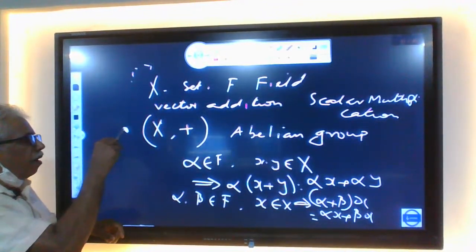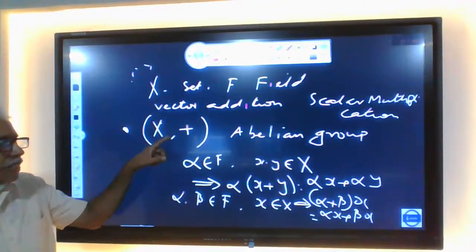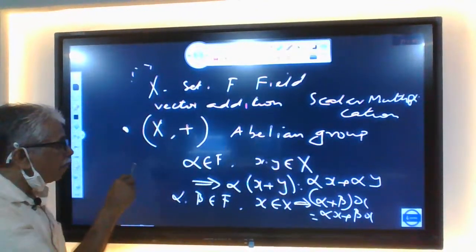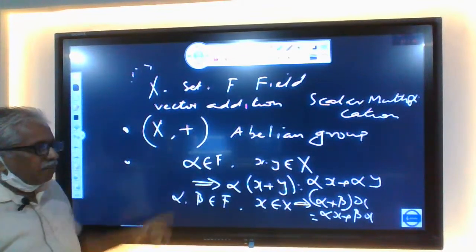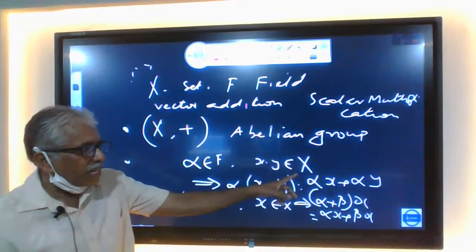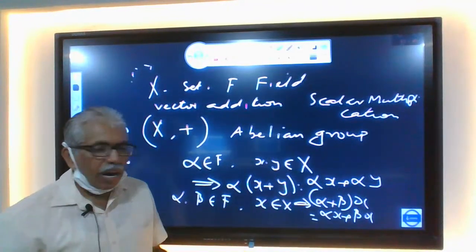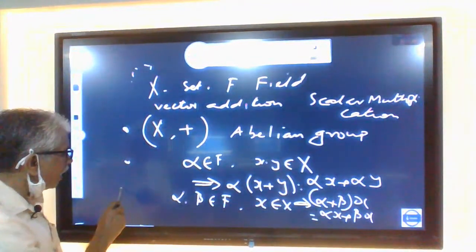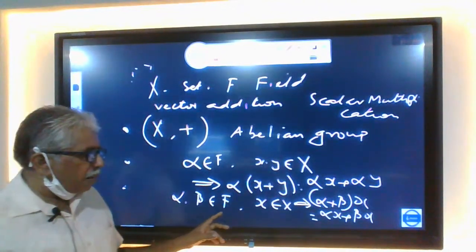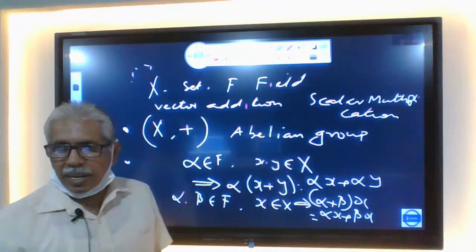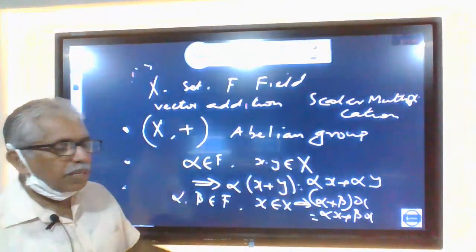So one condition is that X together with the addition should be an abelian group, and the other condition is that for every alpha in F and x, y in X, alpha times x plus y equals alpha x plus alpha y, and the third condition is that alpha, beta in F and x in X implies alpha plus beta times x equals alpha x plus beta x.